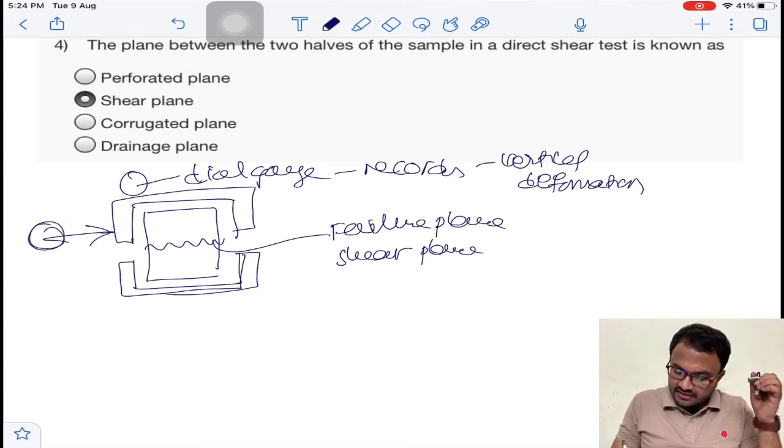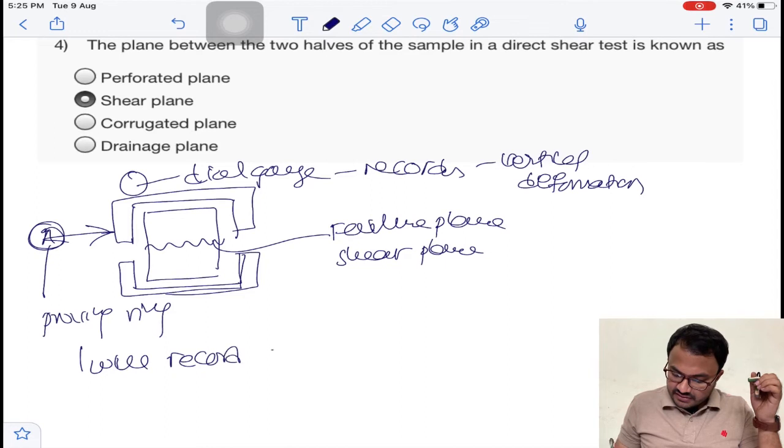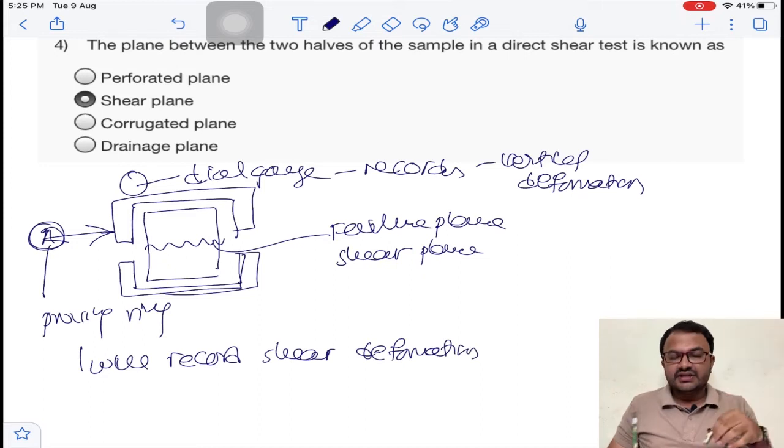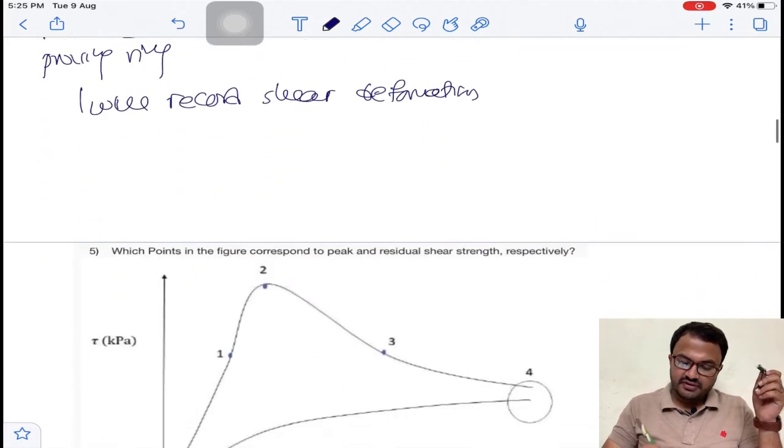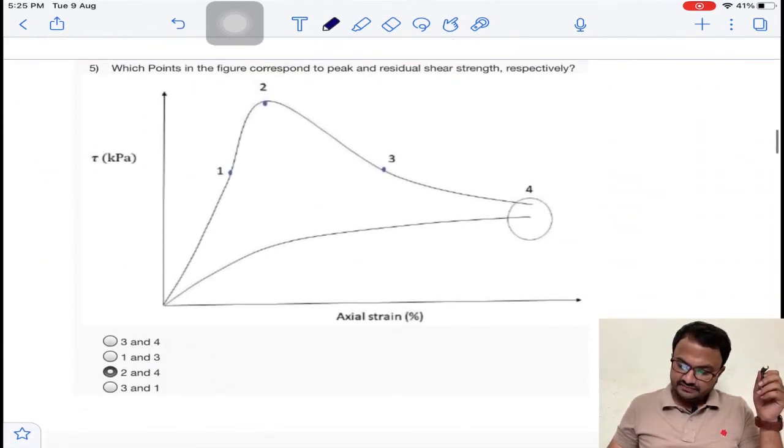On the surrounding you will have a proving ring, which is very important, and it records shear deformation. So three points here: the failure plane is a shear plane, vertical deformation is measured with the dial gauge, and horizontal deformation is measured with the proving ring. So for question number 4, B is the answer.